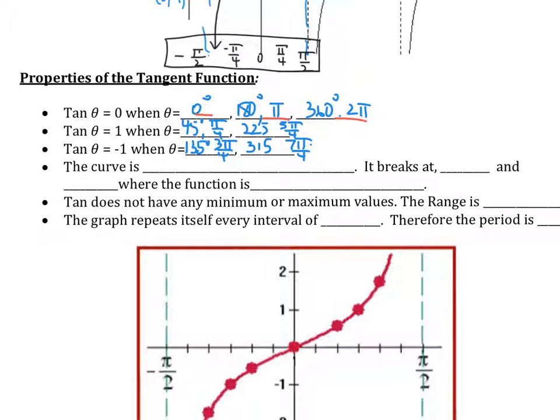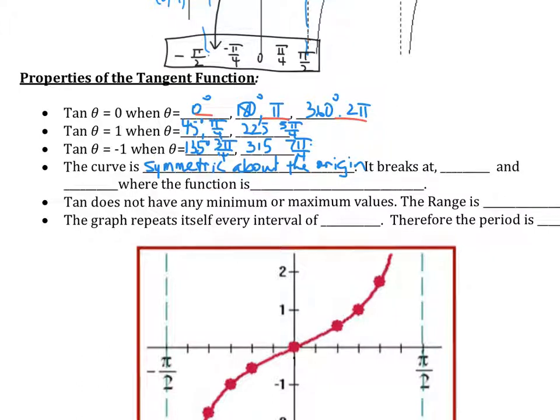Can you fold it across the x-axis? No. What about the origin? Yes. So it is symmetric about the origin. You don't necessarily need to remember that. It's just a good way of reviewing something that we've talked about before.